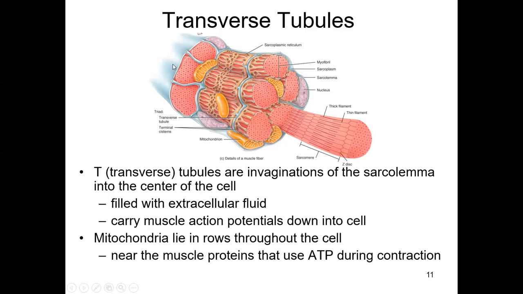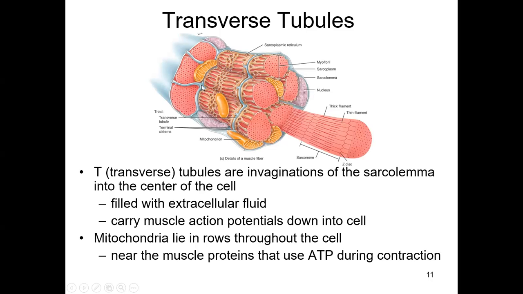In addition to the smooth surface, there are invagination sinkholes, if you will, tunnels coming from the plasma membrane, from the surface, all the way deep into the muscle cell.